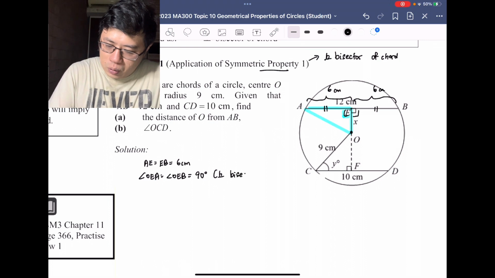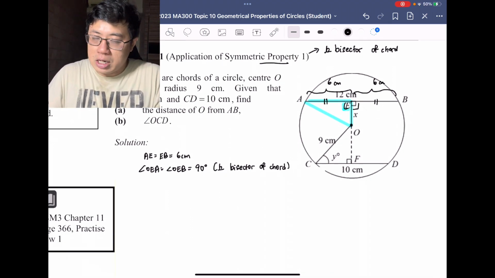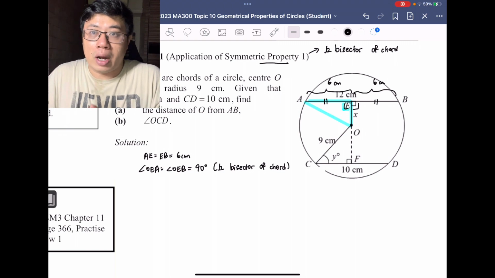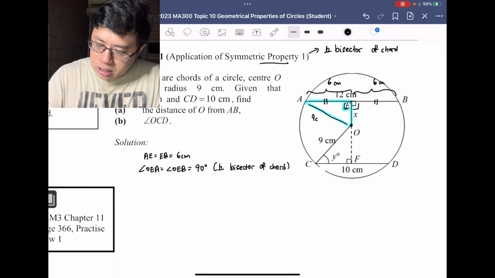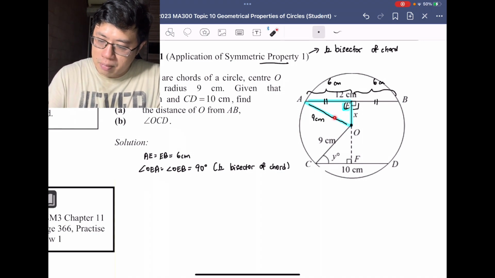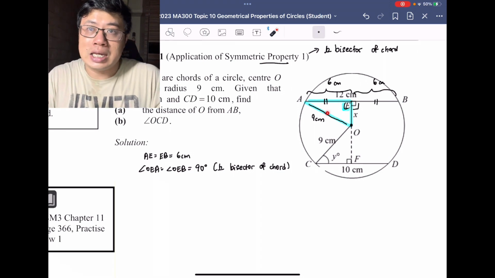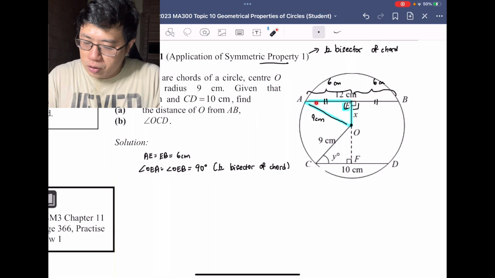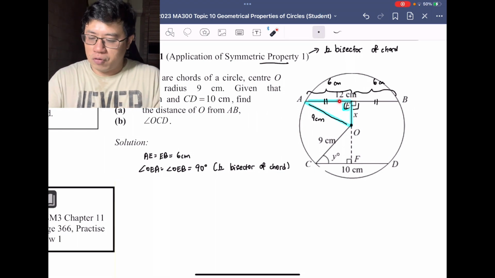So over here, we can write down the property which we use: perpendicular bisector of the chord. With that, let's look at this blue triangle. OA will be equal to 9 cm, because OA is also the radius of the circle. So we can straight away use Pythagoras theorem to find x.